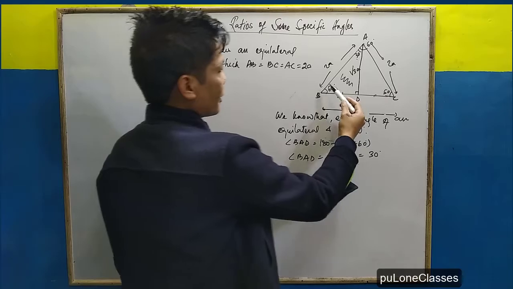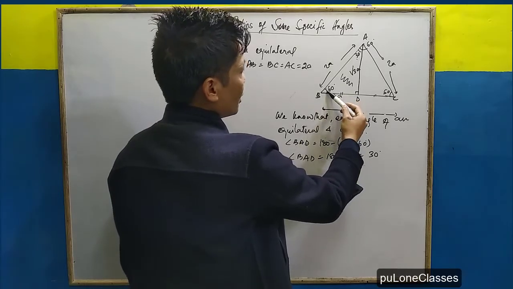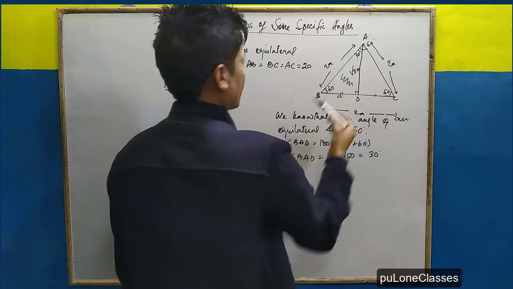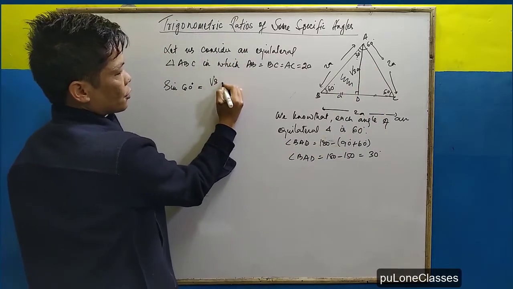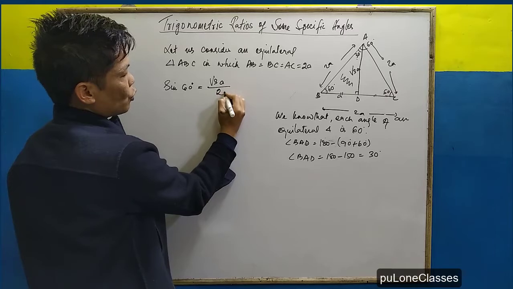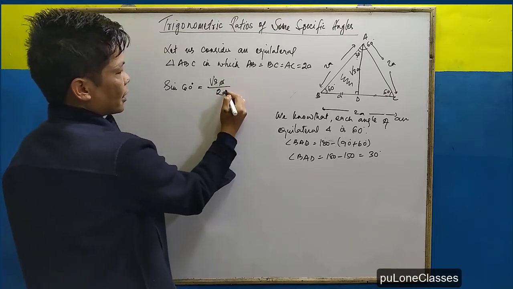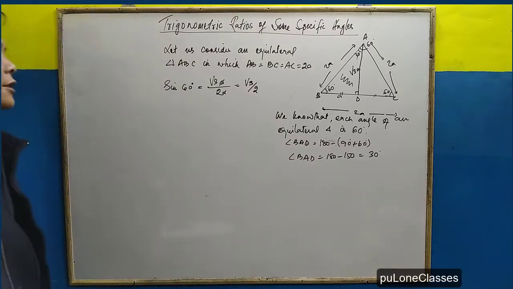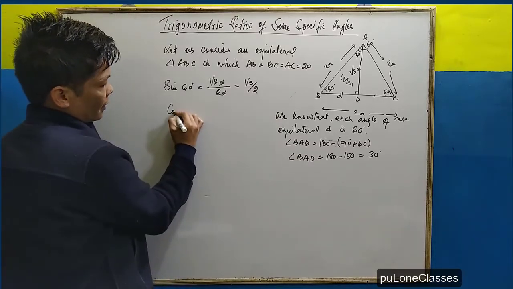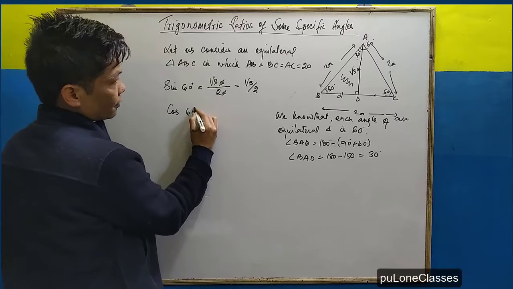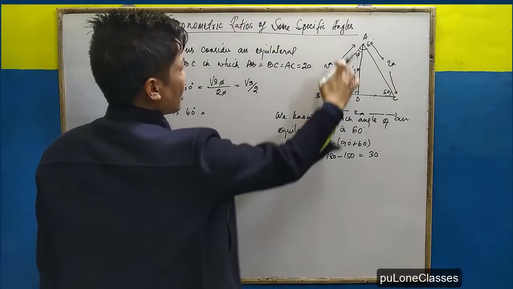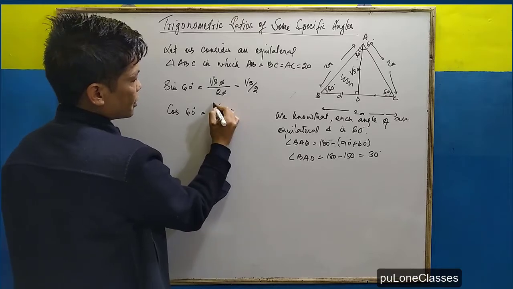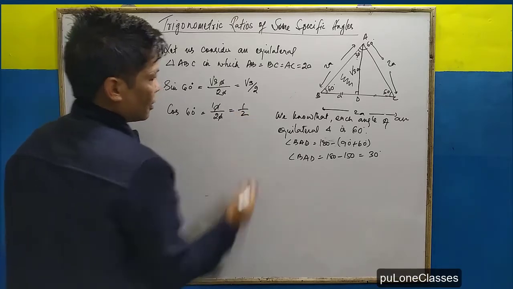From this triangle, if I take angle B, then sin of this angle will be perpendicular upon hypotenuse, which is root 3a divided by twice a. If I cancel a here, I get root 3 by 2, which is the value of sin 60. Then cos 60 is base by hypotenuse. Base is a, hypotenuse is 2a. If I cancel a, I get half.